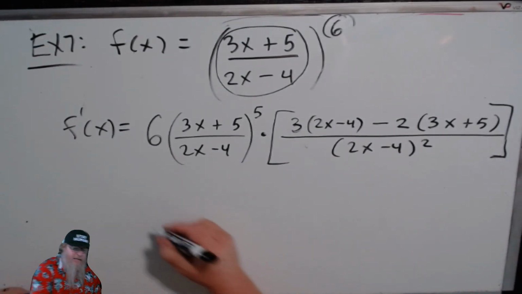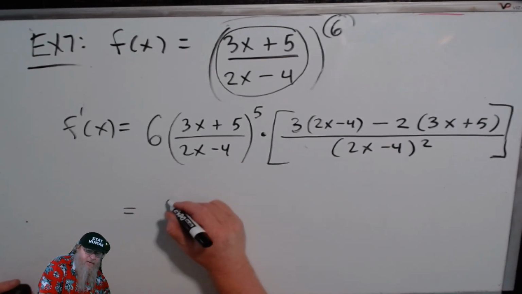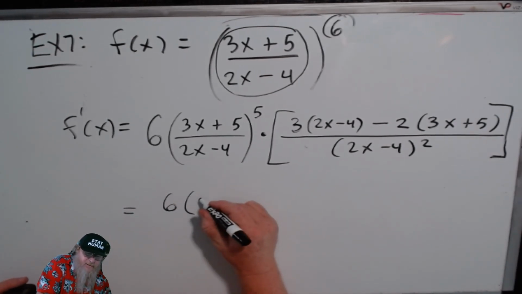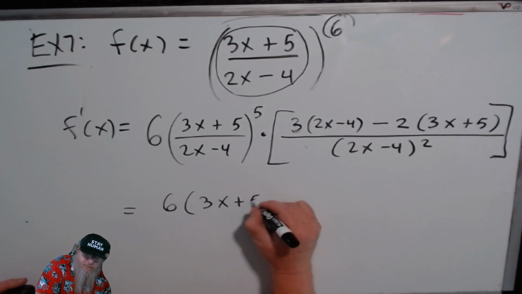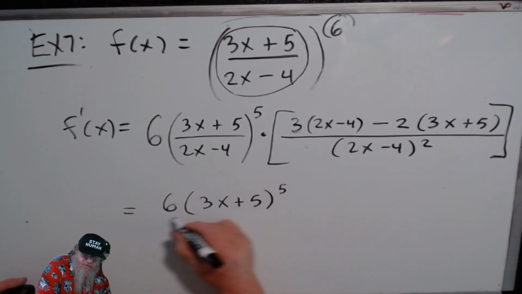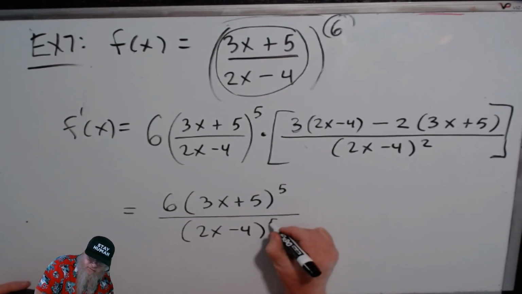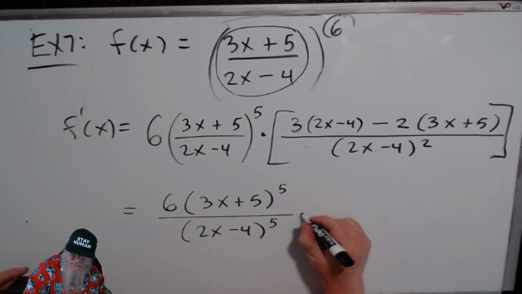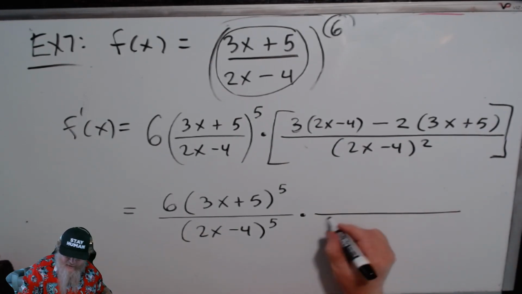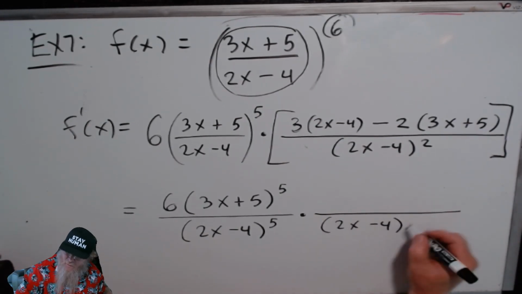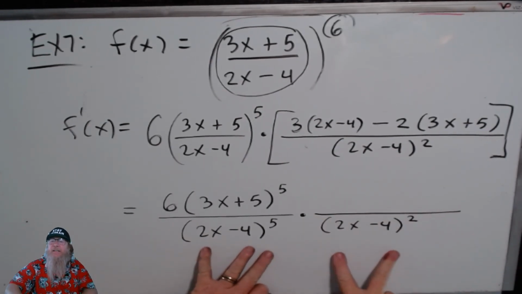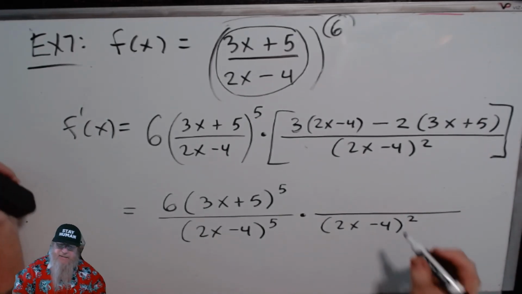Let's do a little cleanup. Now I'm going to write this as 3x plus 5 to the 5th over 2x minus 4 to the 5th, times 2x minus 4 to the 2nd. So I'm going to combine those in my last step.